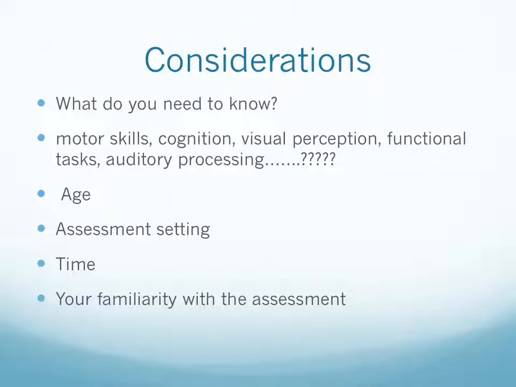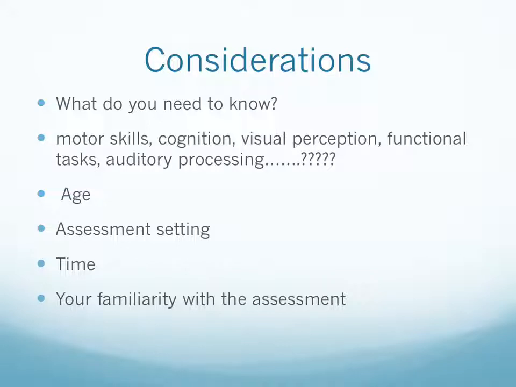So it's worth thinking, what do I want to assess with this person? From our perspective, a really good, solid motor coordination assessment is really key if you're working with people who may have developmental coordination disorder.